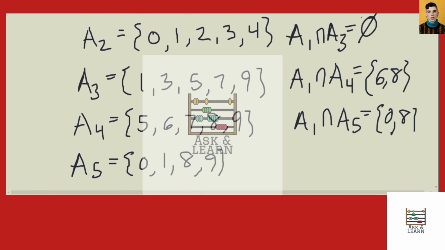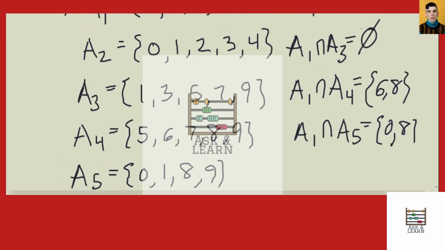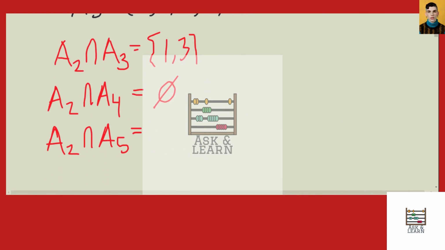We see that there are no elements, so this is the empty set. And A2 intersect A5. Zero and 1 are common, so this is not an empty set.